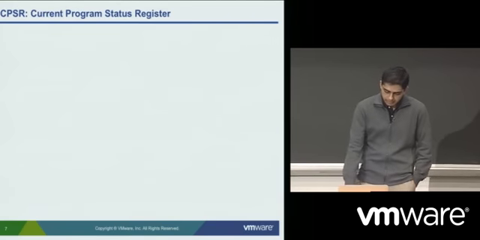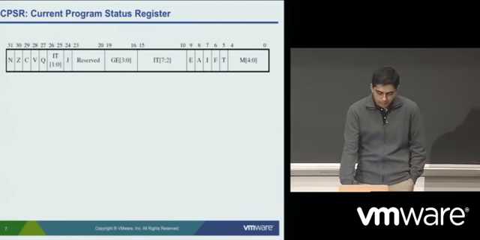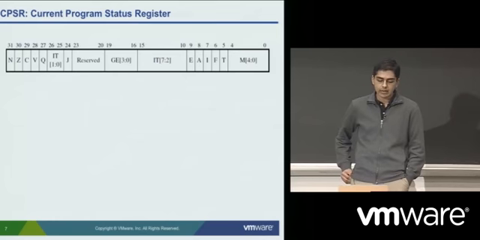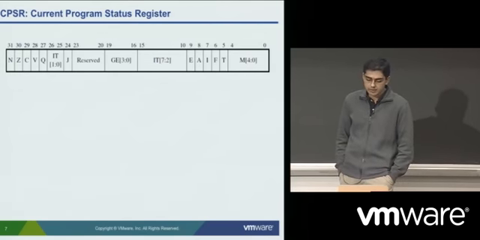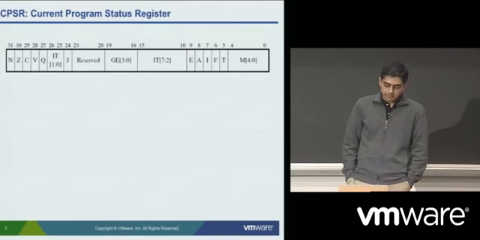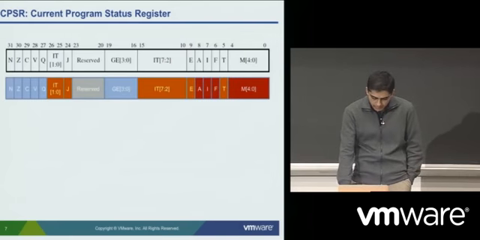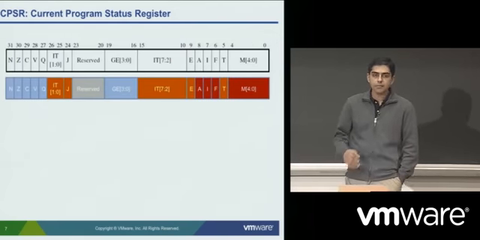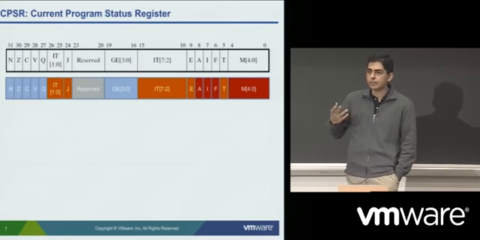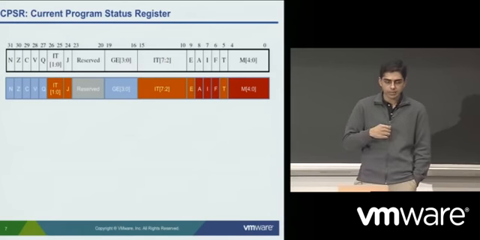So let's zoom into one particular register, which is the CPSR, the current processor status register. If you look at ARM's own manual, the CPSR looks fairly straightforward. It seems to have some fairly innocuous bits from a virtualization perspective, like the zero flag, the carry flag, and so on.